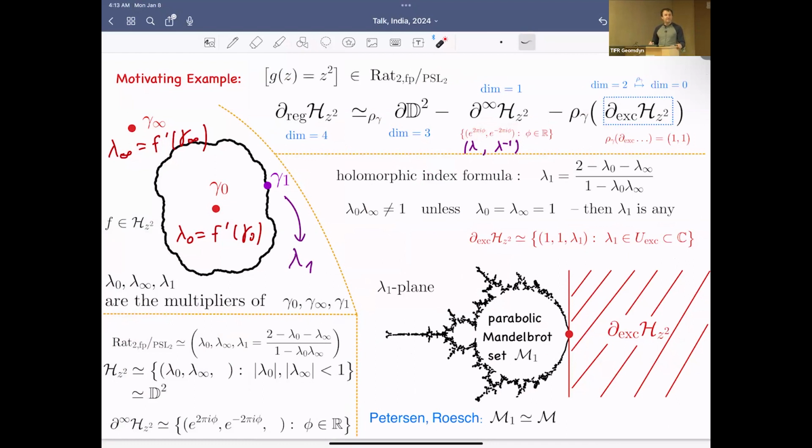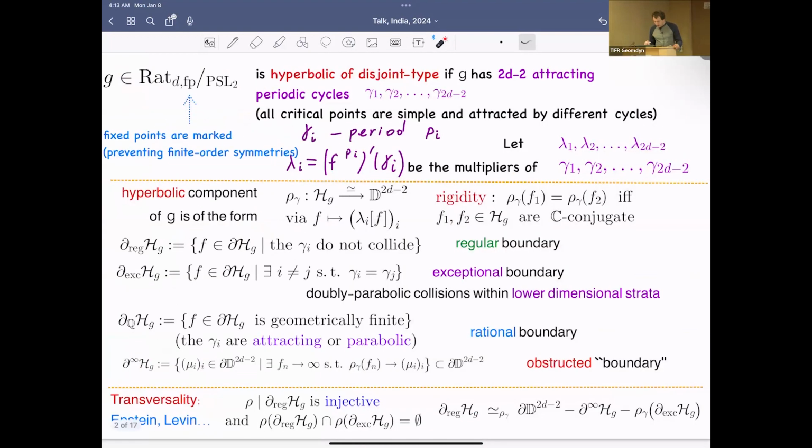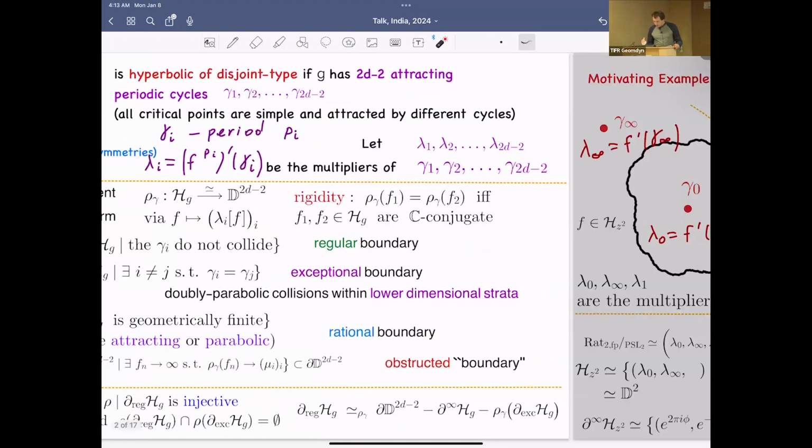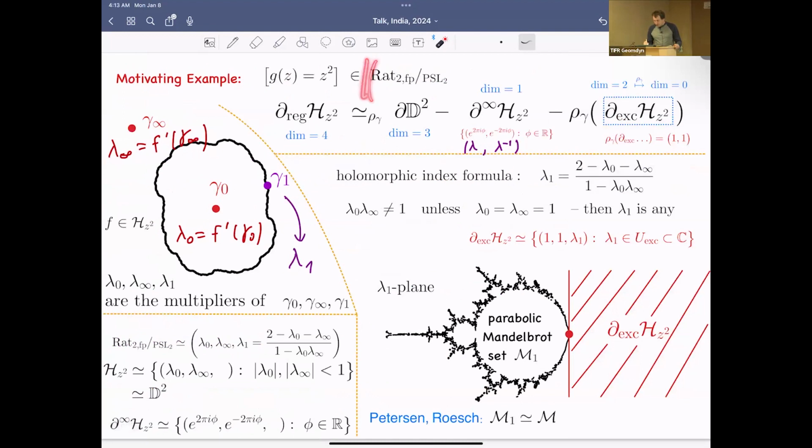So when you say boundary of hyperbolic component, is it in the moduli space or the compactification? Yeah, when I say the regular boundary, I'd like to view it inside the space of rational maps, but with markings on critical points.